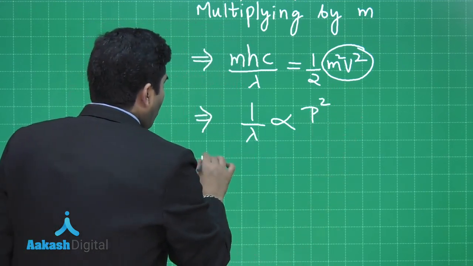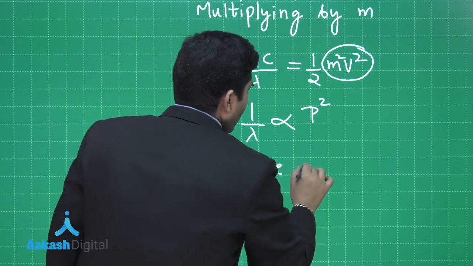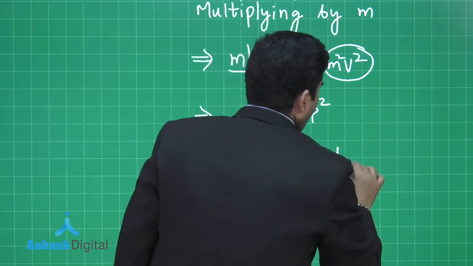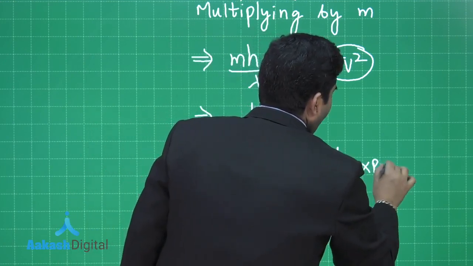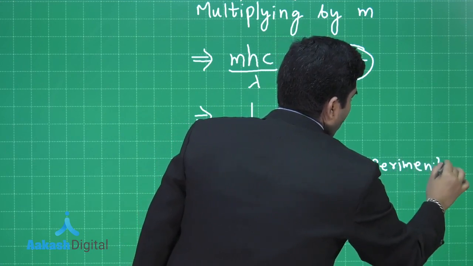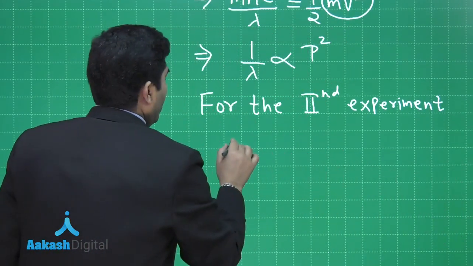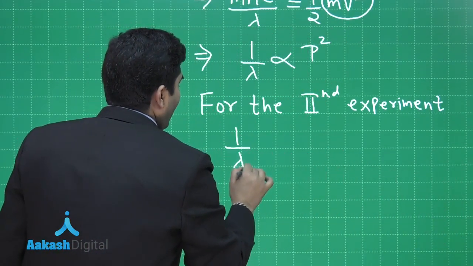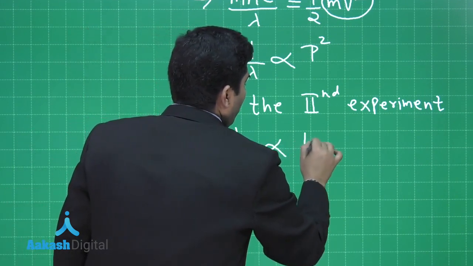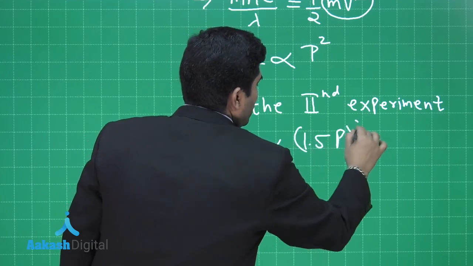And for the second experiment, say it is 1 upon lambda dash will be proportional to (1.5 p) square.